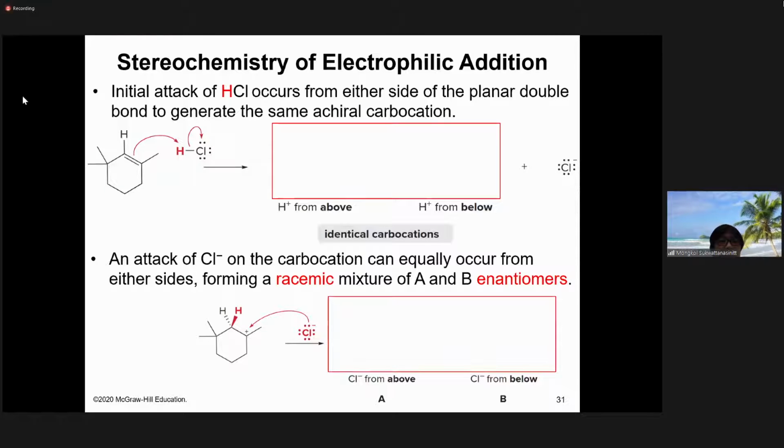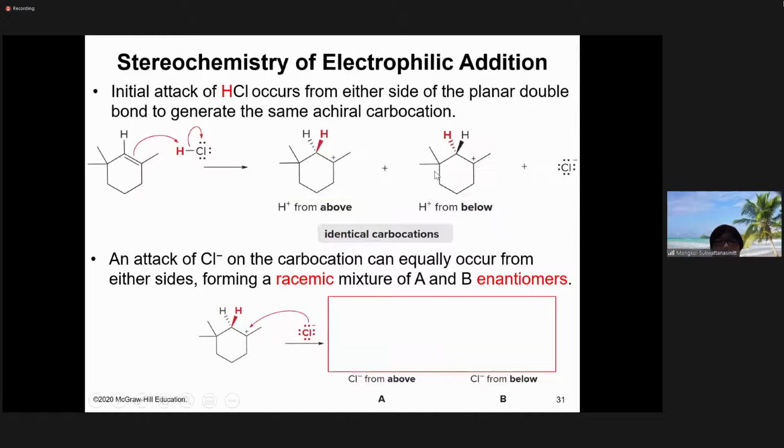Okay. Now let's look at the hydrochlorination of this compound that you will get. You have to look at the hydrogen first. Which carbon will it add to? This carbon or the carbon with the methyl substituent here?